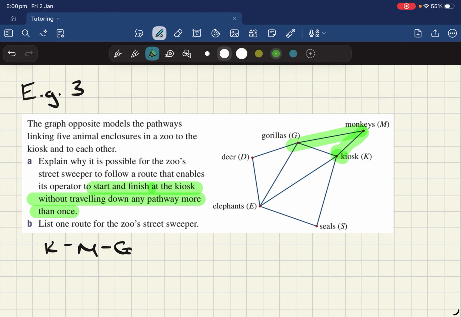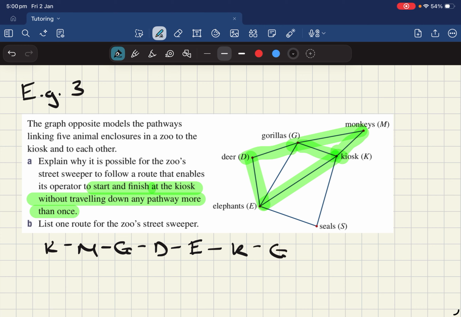Then we go to deer, so to D. Then we go to elephants, we go to E. Then we go back to the kiosk. Okay. Then we go to the gorillas, G. Then to the elephants again. Then to the seals. And then to the kiosk.